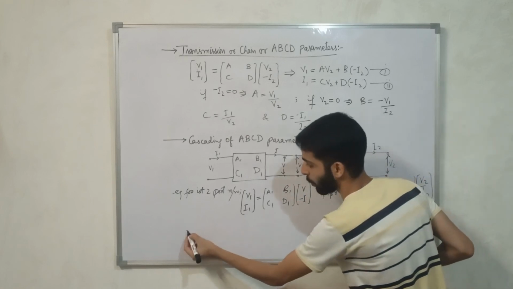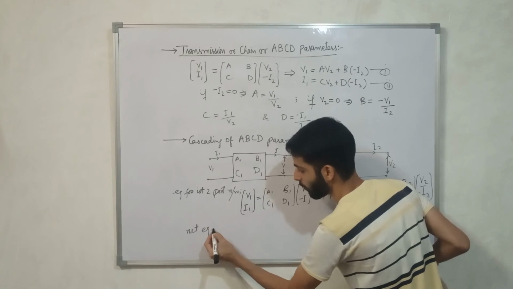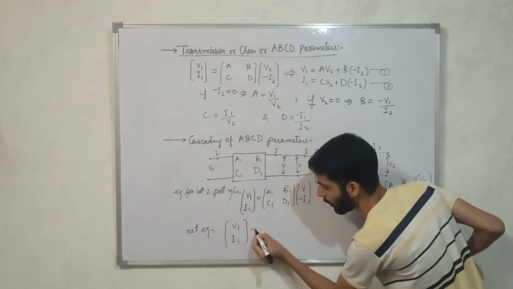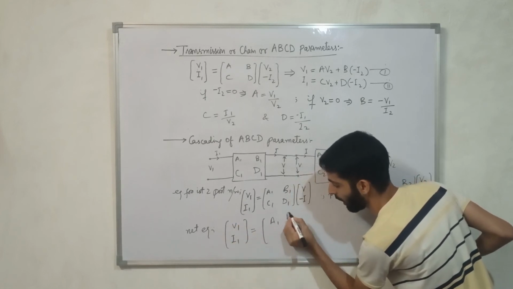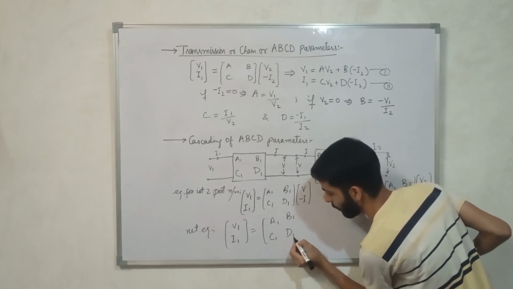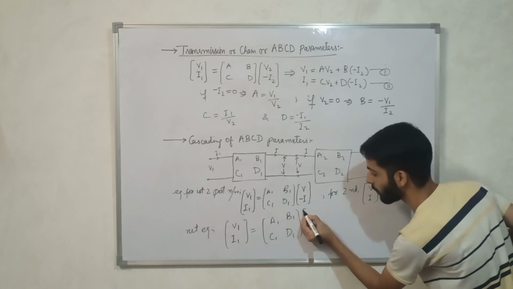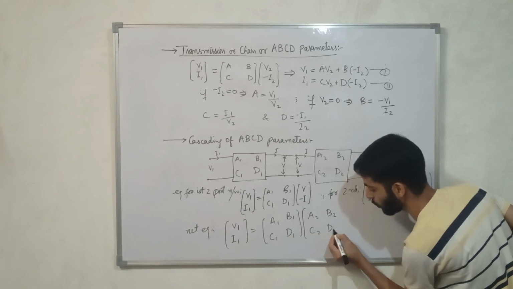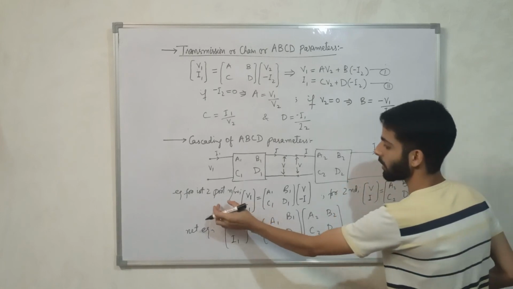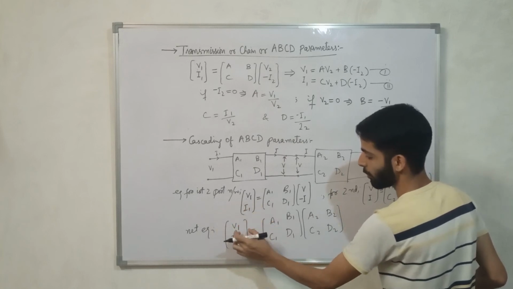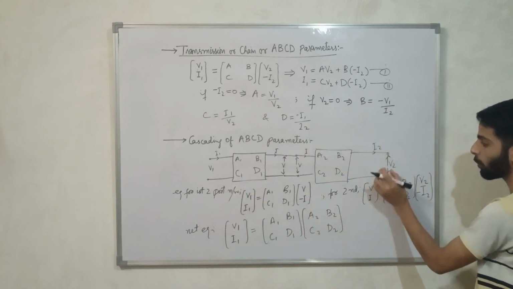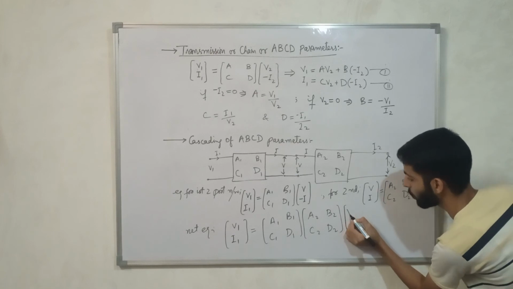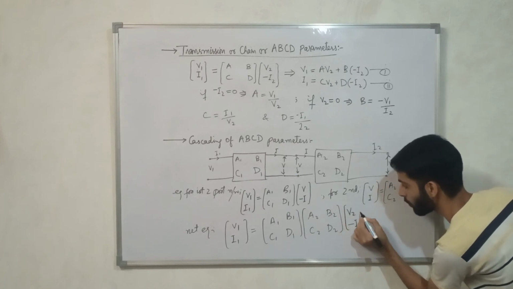So the net equation for both those two will be [V1, I1] is equal to [A1 B1; C1 D1] into [A2 B2; C2 D2] multiplied by the output side of the second one, [V2, minus I2].